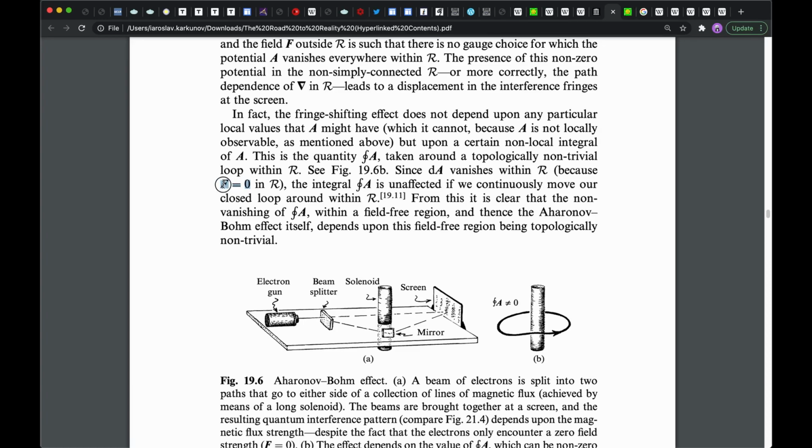Field free means that we do not have any electric or magnetic field in this region where the beam travels. So there is no electromagnetic field there, despite the solenoid. Yeah, this turns out to be the case. If the solenoid is infinitely long, then there's no field outside of it, and it's a uniform field inside of it. That's one of the basic assumptions they make, that the solenoid is much longer than the plane of the experiment.